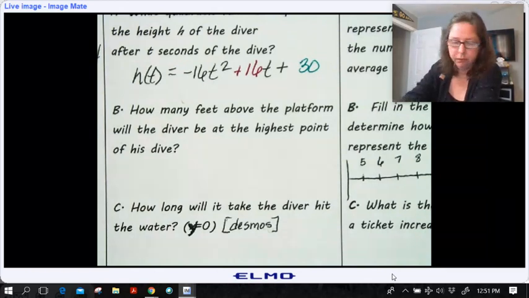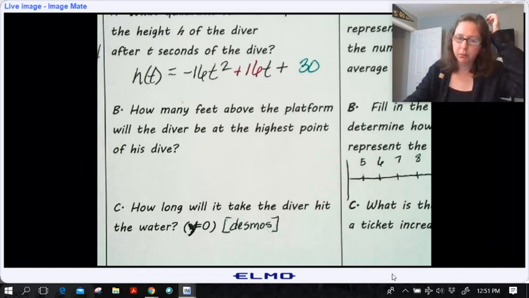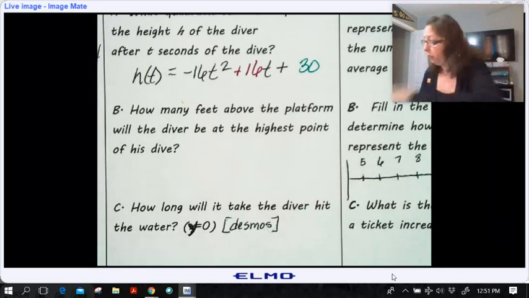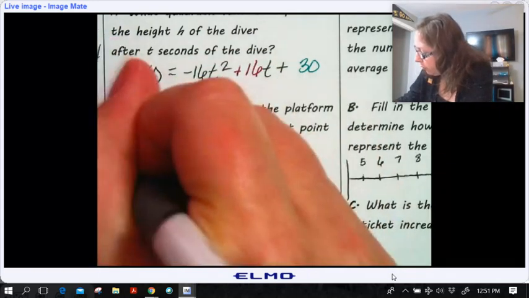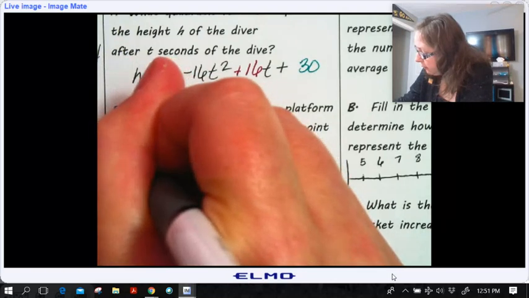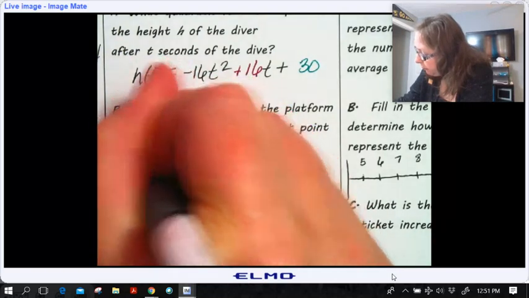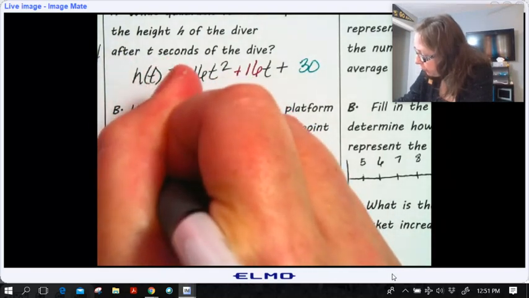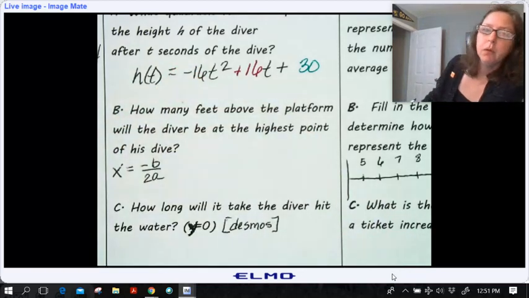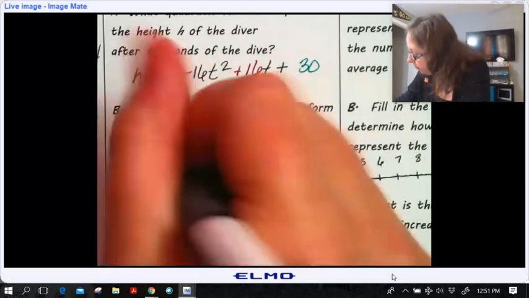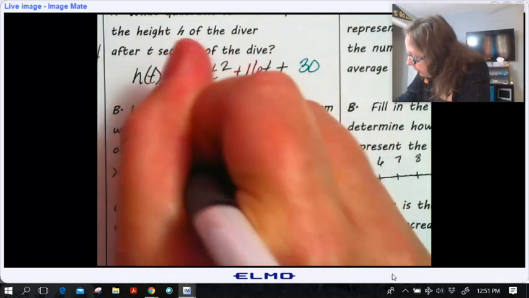Okay, so let's first begin by finding the x value. So if you remember the formula, it is x equals negative b divided by 2a. So we're still using that. So let's plug in.